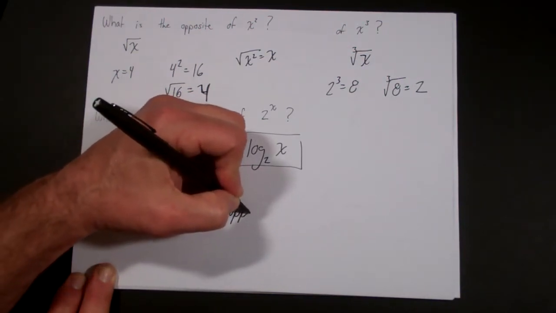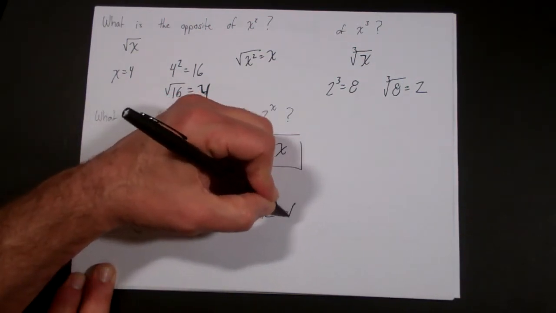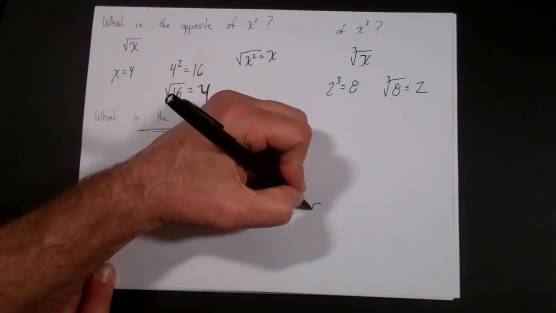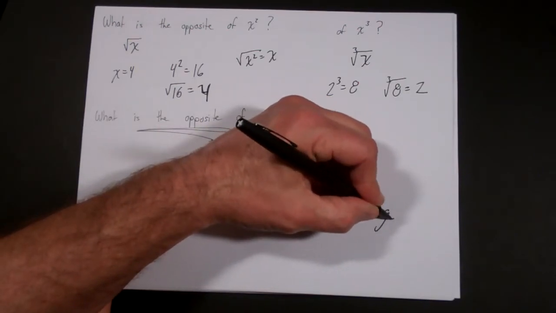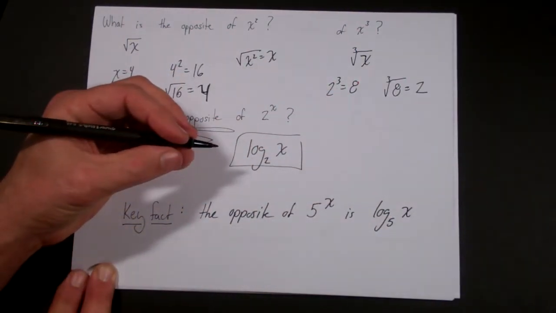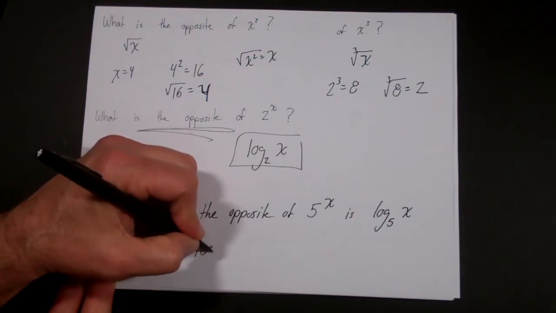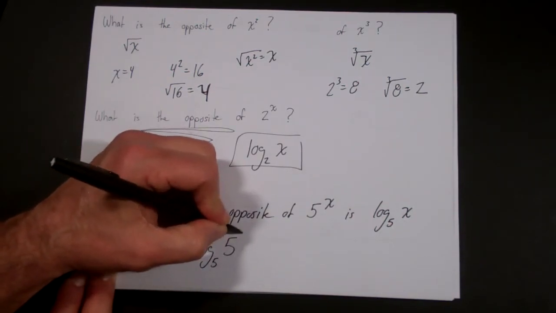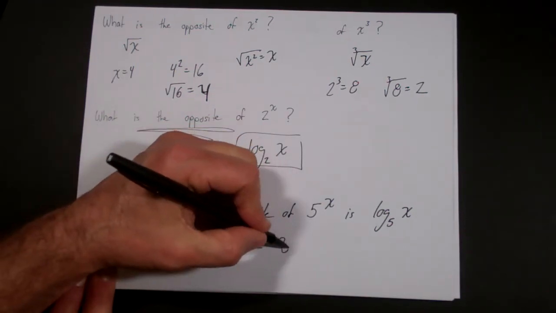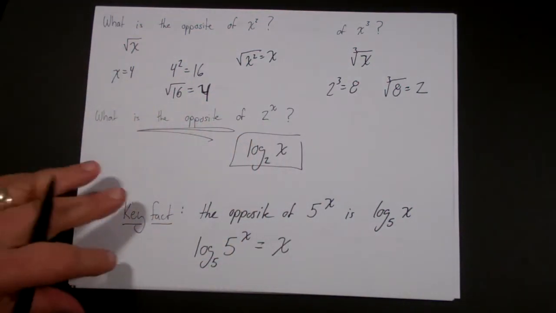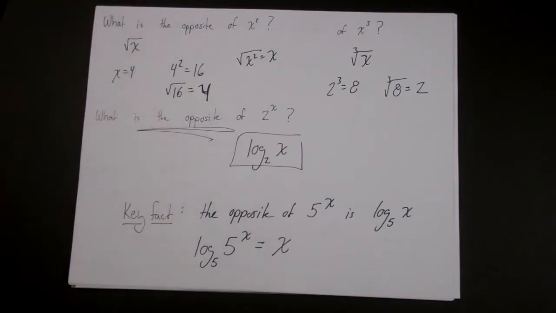We can say the opposite of 5 raised to the x is log base 5 of x. So we know the log base 5 of 5 to the x, since these are opposites, they have to cancel out, and you get back to x. And that's the key fact that we're going to focus on.